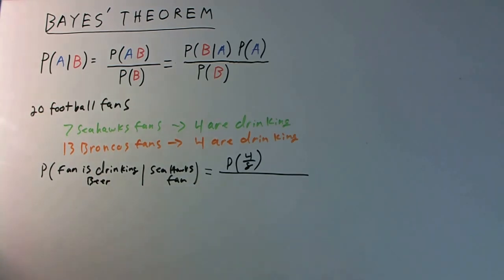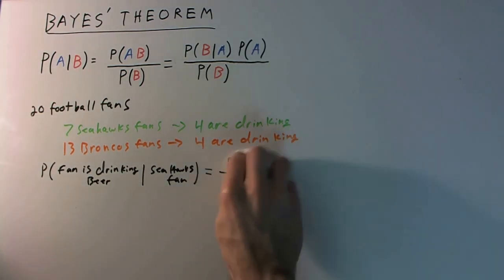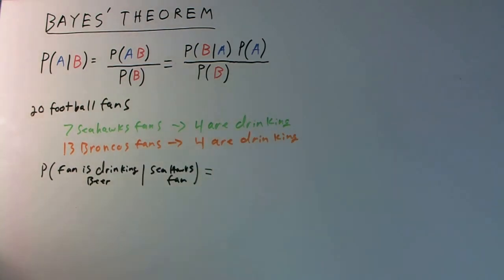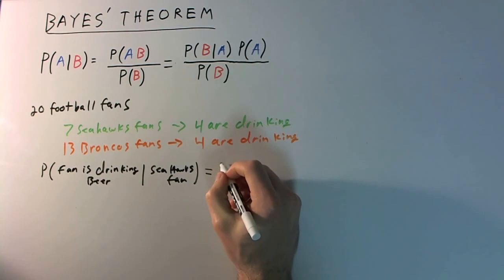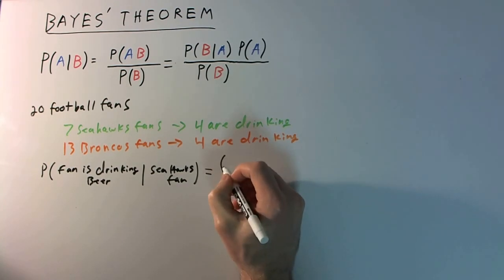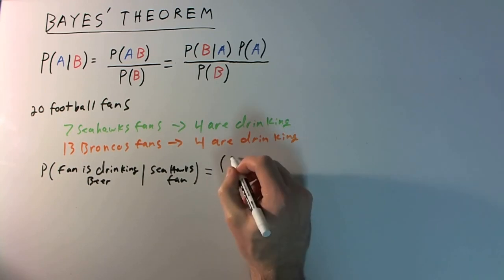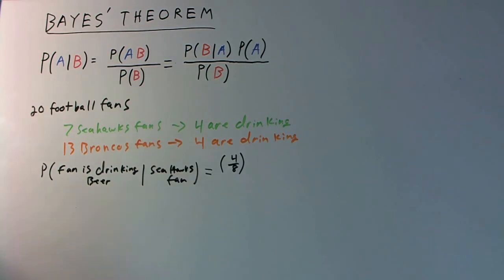Let's rewrite this for a second. Write it this way, right? So the probability of B given A, right? So the probability that he is a Seahawks fan given that he's drinking beer is going to be 4 over 8, right? Times the probability of A alone, right?